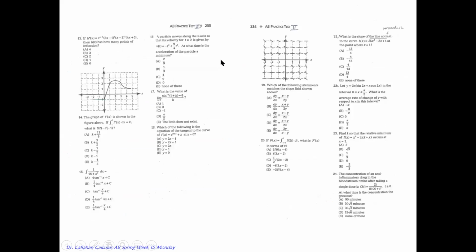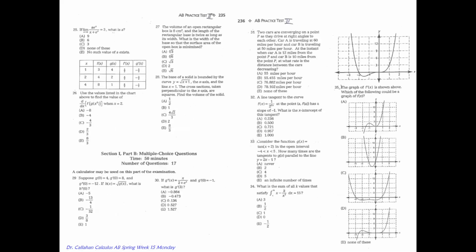Here is page 2 of that, for questions 13 to 24. No calculators with this part of the exam. And then lastly, you have questions 25 to 28 on this page, and that's where it ends.